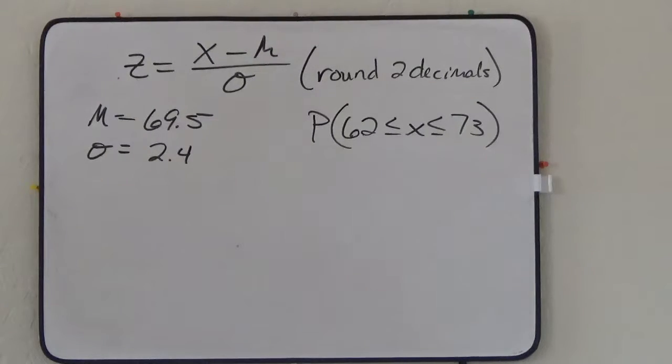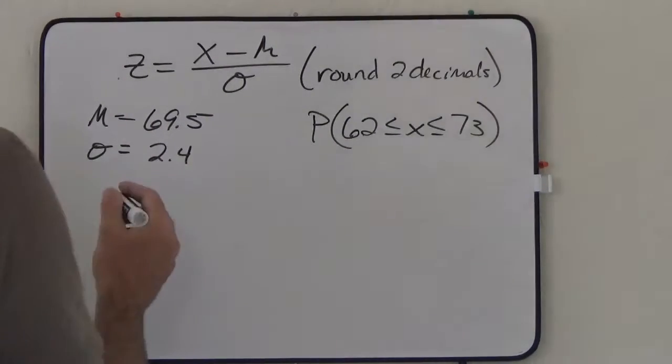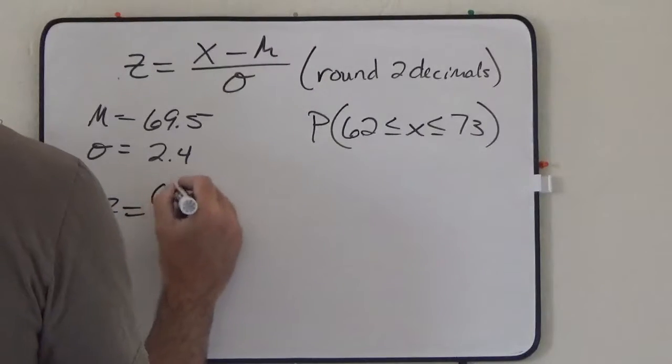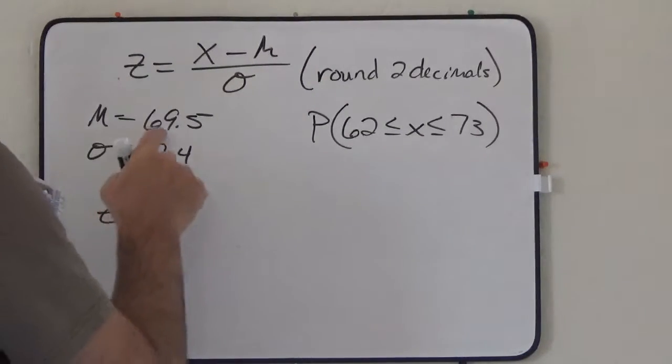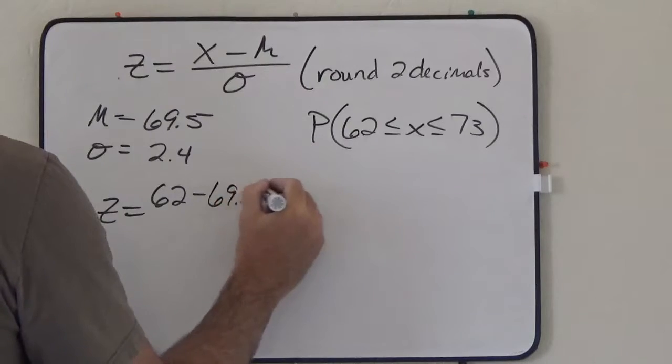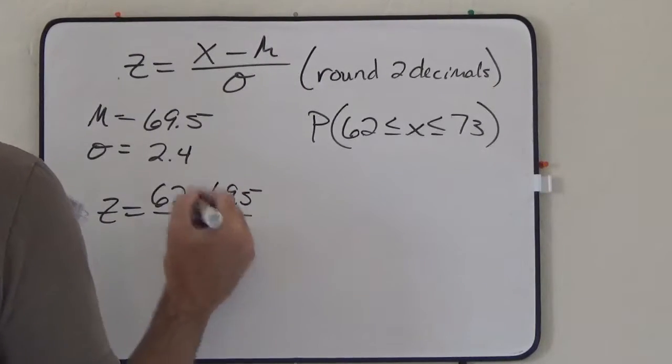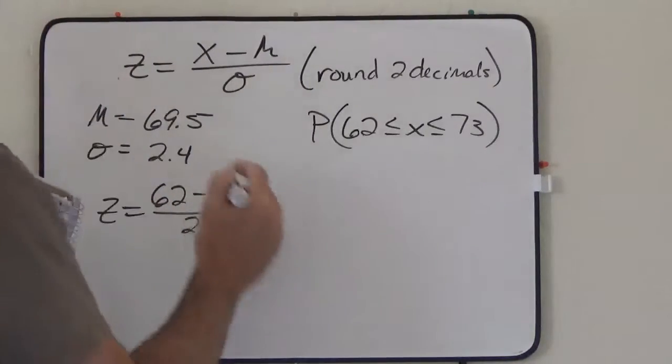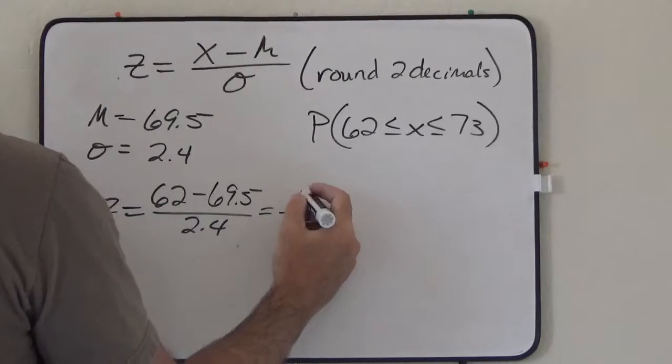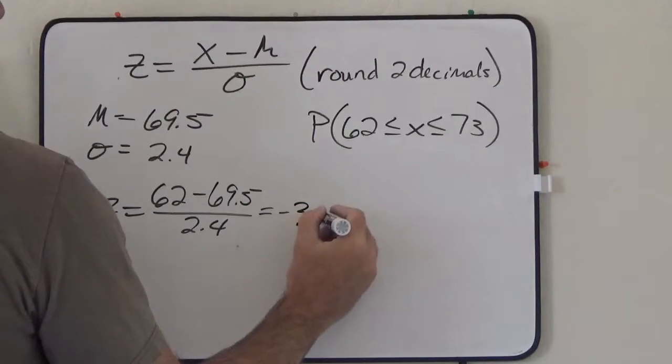Now, since I have to find the probability between 62 and 73, I'm going to find the z-score for 62 and its probability, and find the z-score for 73 and its probability, and subtract them to find out between them. So, for the z-score for 62, we subtract the mean, 69.5, and divide it by 2.4, the standard deviation, and that gives us negative 3.13.